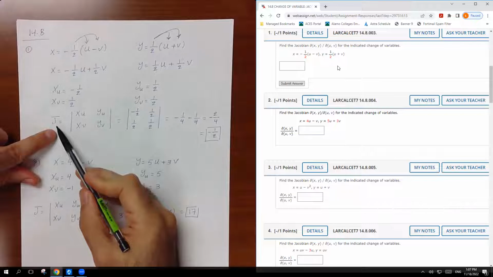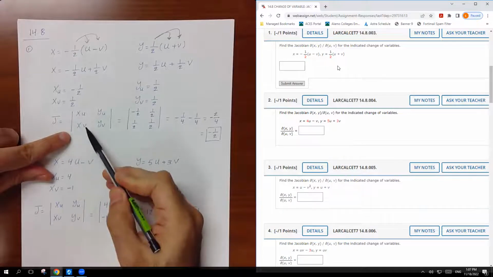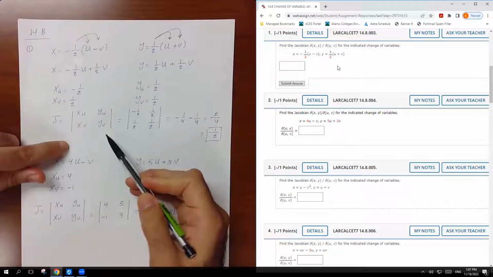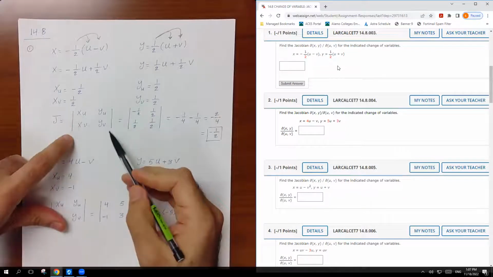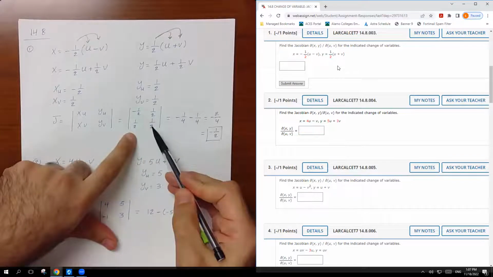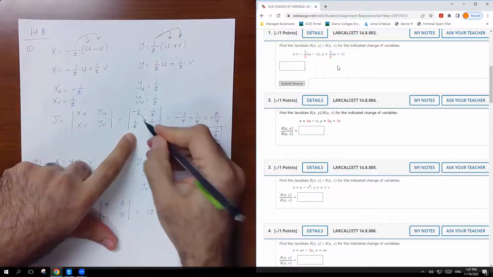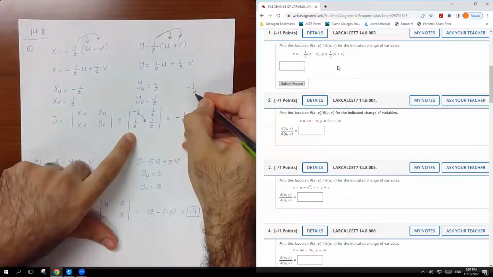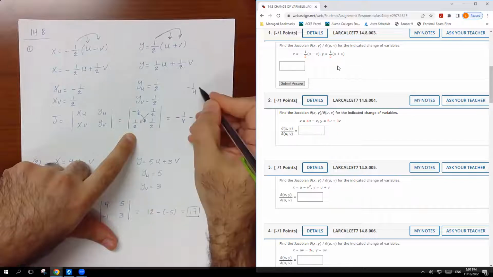So the Jacobian is x sub u, x sub v, y sub u, y sub v. This one is the determinant, not the absolute value. So it's going to be -1/2 times 1/2, which is -1/4, minus 1/2 times 1/2, so minus 1/4.